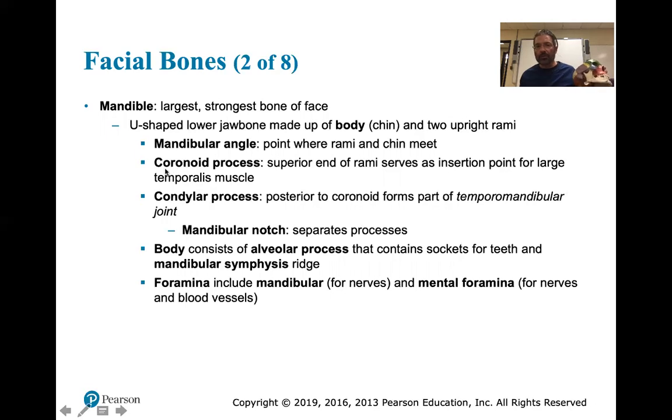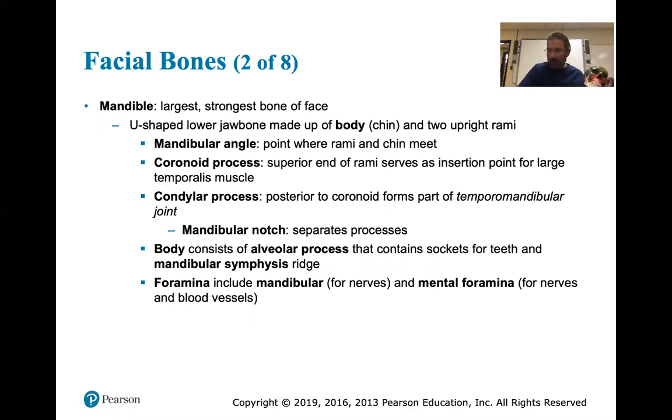Just not to confuse you, but there's a coronoid process here, and there's a coracoid process in the scapula. So try not to get those two mixed up. The condylar process is posterior to the coronoid, forms part of the temporomandibular joint. Right? Body consists of the alveolar process.